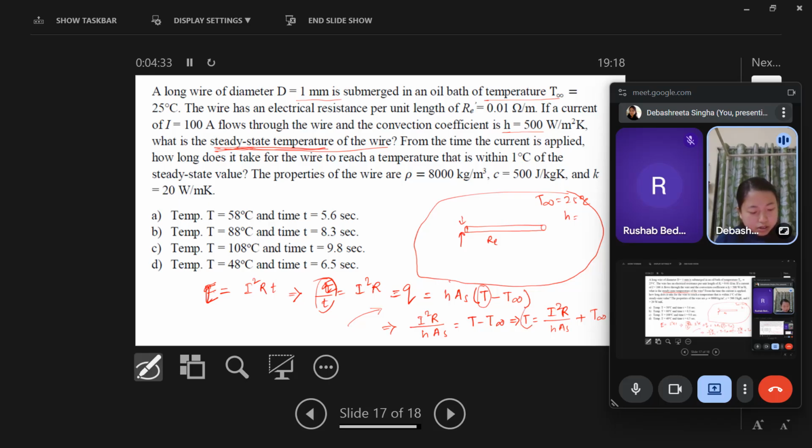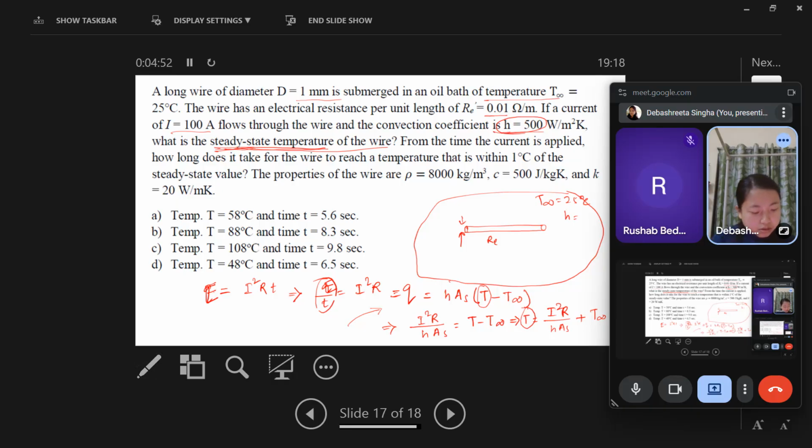So find out how much T is. I, you know, is 100 ampere. R is 0.01 ohm per meter, it's per unit length, okay? Then H is given as 500.